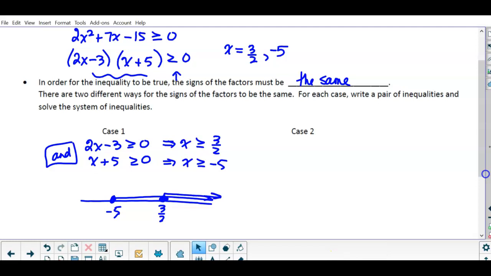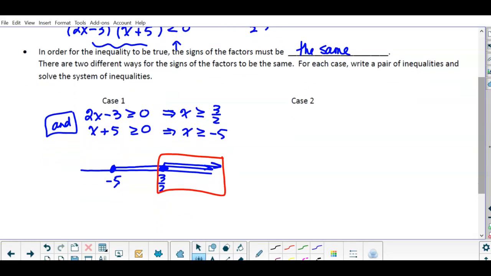So this is the solution to that part. So that's x greater than or equal to 3/2. Next one is when they're both negative. So just the opposite inequality signs.